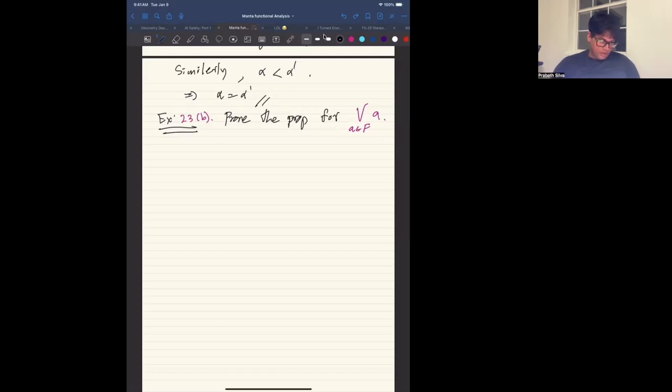Show that A meet B is equal to A intersection B. And let's say wedge, capital A in F, this is the intersection of this set.